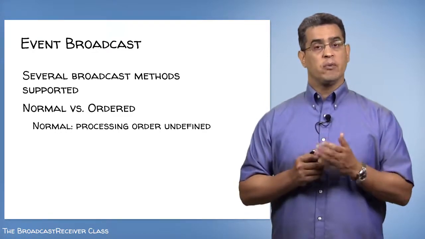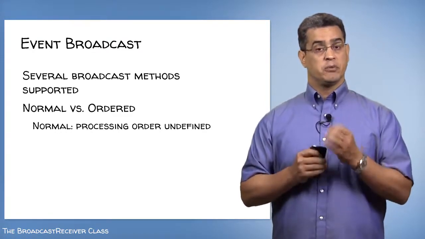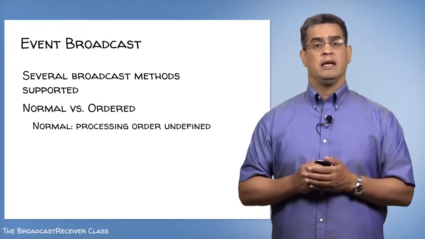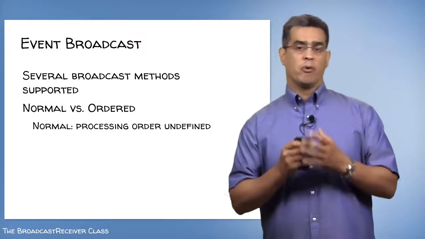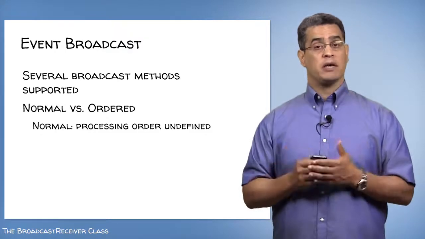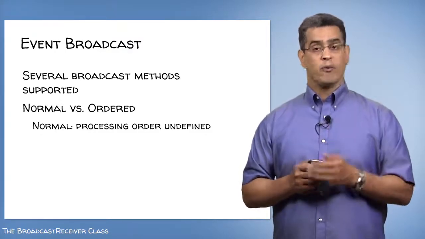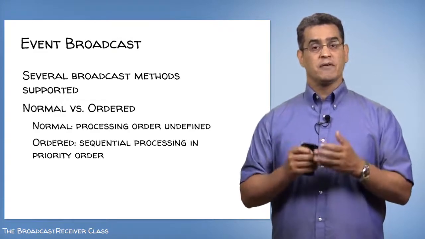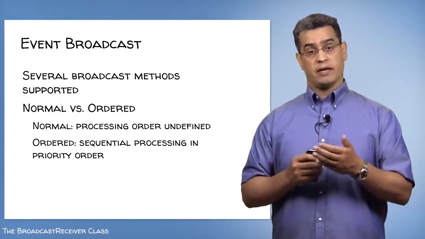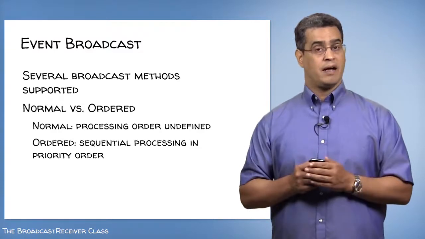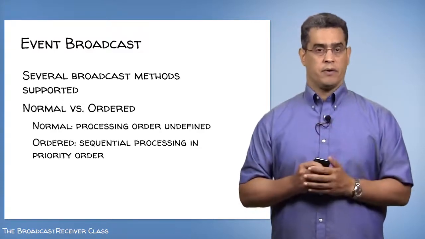So if you have two broadcast receivers that should receive a single intent, it's possible that both broadcast receivers could be processing the intent at the same time. Ordered broadcasts, on the other hand, deliver the intent to multiple broadcast receivers one at a time in priority order.